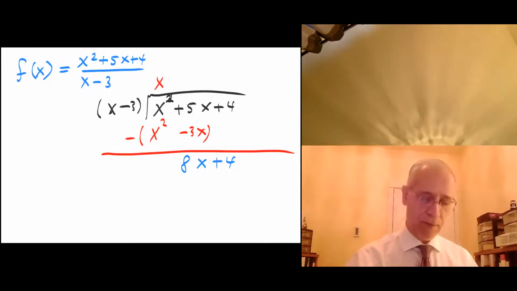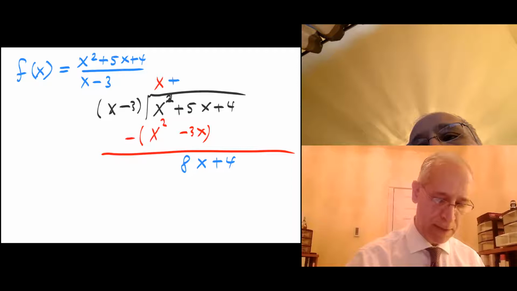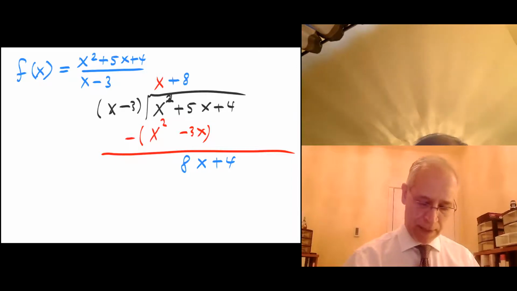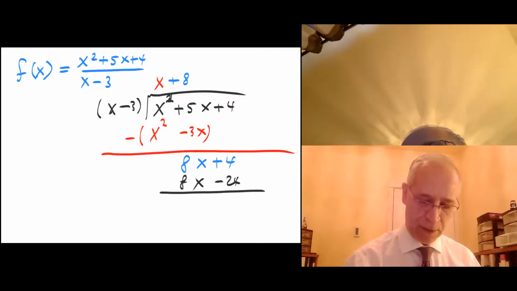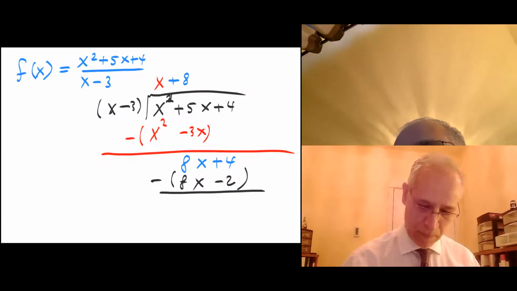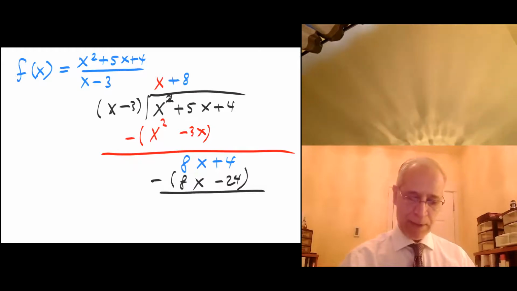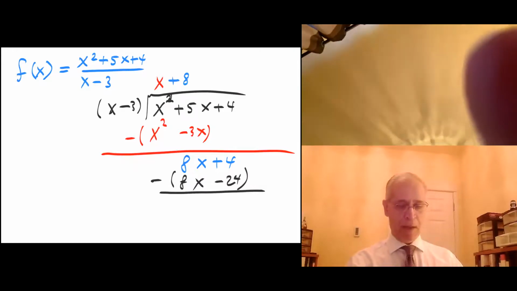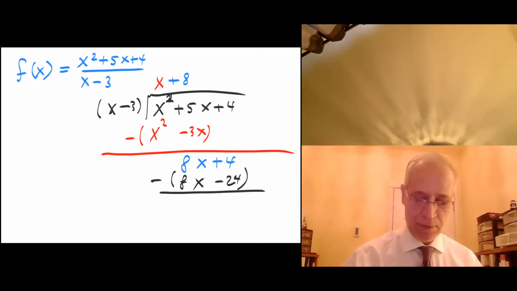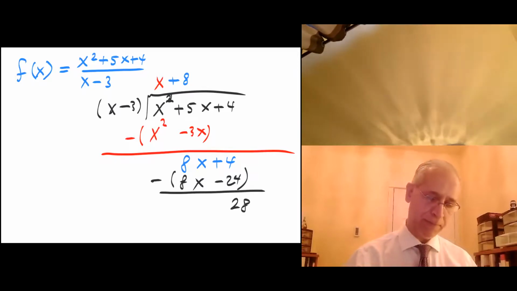And so now I'm going to put here x plus 8. And 8 times x is 8x minus 24. And if I subtract this, I get nothing here. That gives me a positive 24, and with the 4 is 28. Okay.